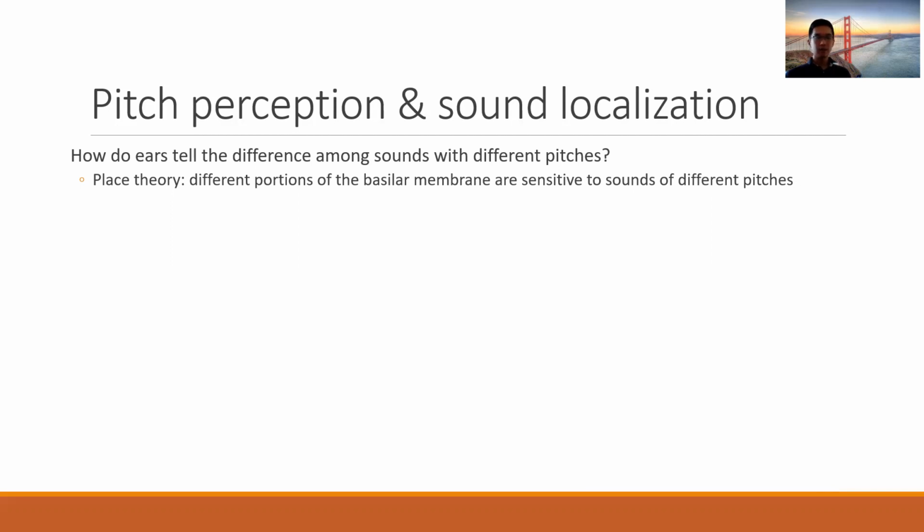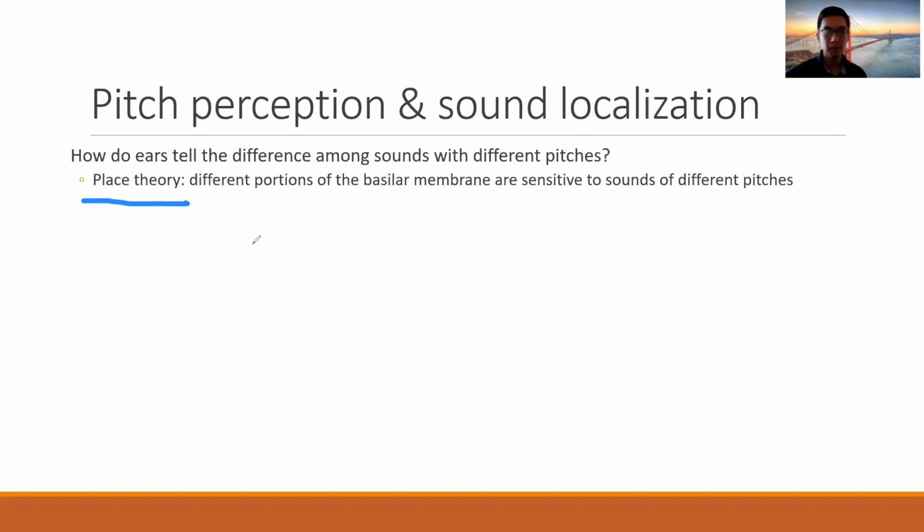There's a theory called the place theory that explains why we can tell different pitches. That theory tells us that hair cells on different places of the inner surface of the cochlea are sensitive to sounds of different pitches.